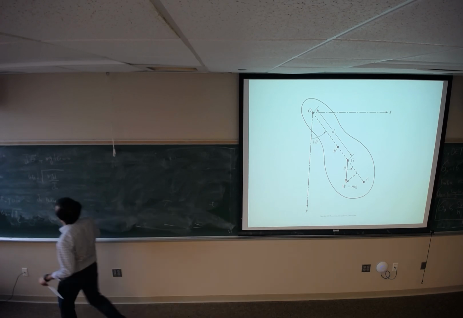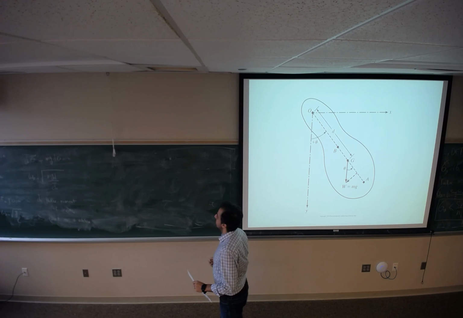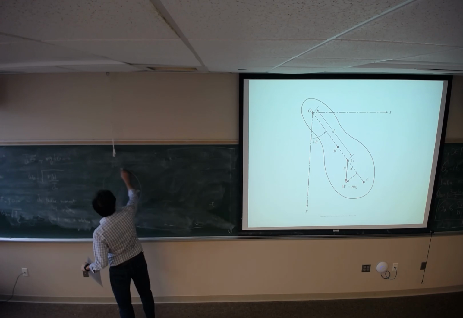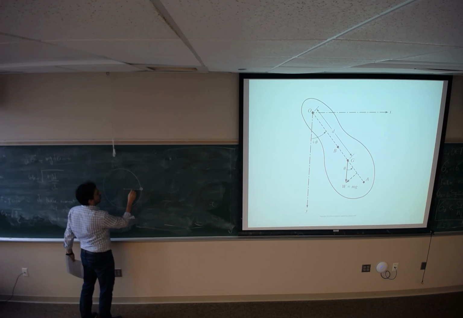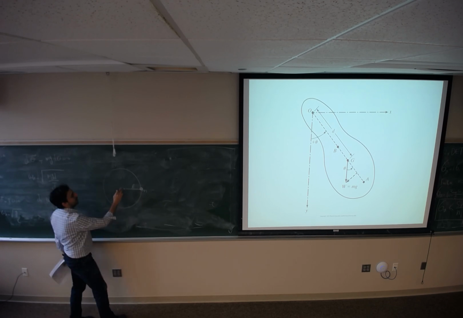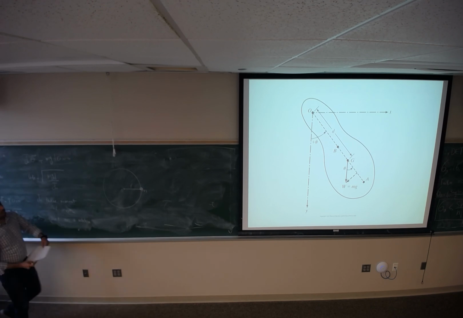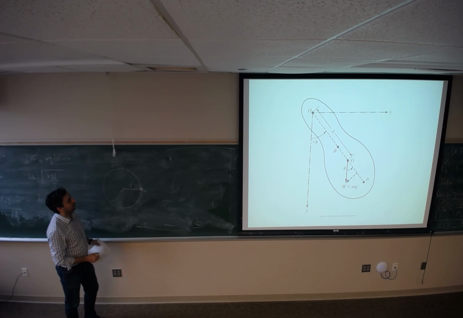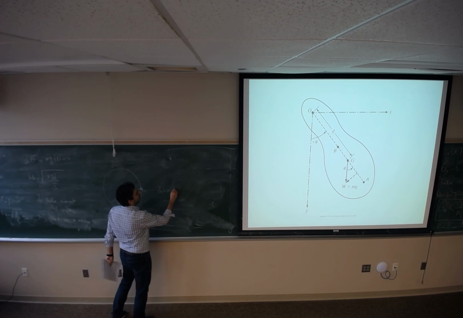So if I have a concentrated mass located at the distance of R from the center of rotation, and I ask you what would be the mass moment of inertia for this mass, J naught would be mR squared.